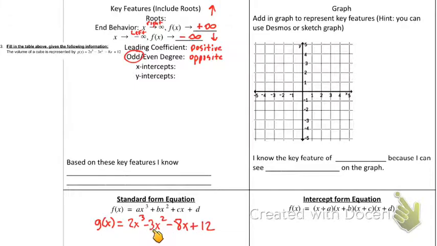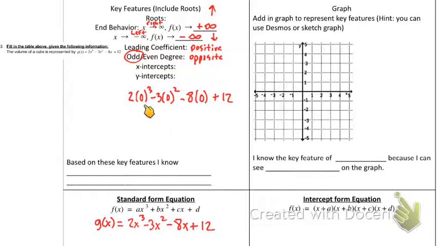The y-intercept, like I mentioned in the previous problem, all we're going to do is plug in 0 for x. So 2 times 0 to the third minus 3 times 0 squared minus 8 times 0 plus 12.